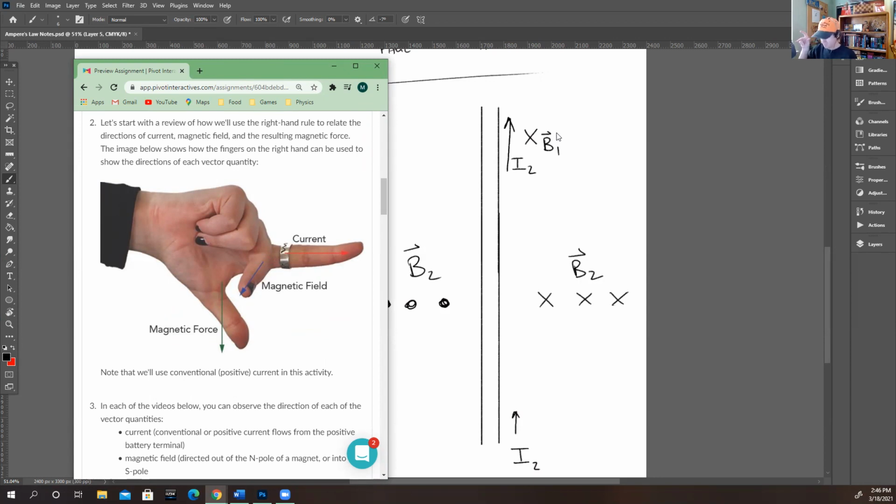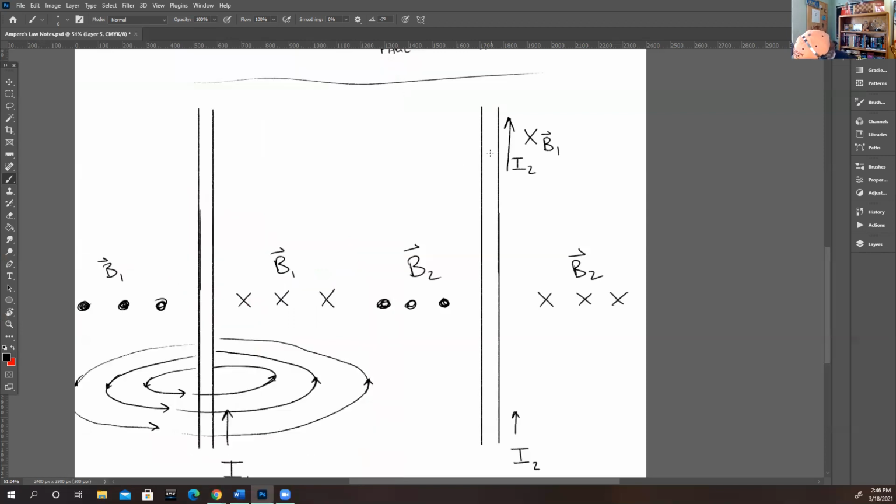And then my thumb is left. So my thumb tells me which way this wire is being forced to move. Current, that's the index finger going up. Magnetic field is into the page. Your thumb is the force. Which way is it being forced to move? Being forced to move that way.